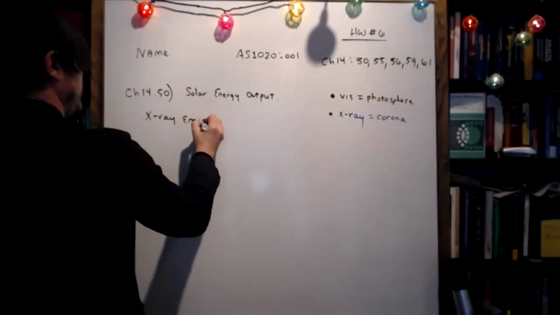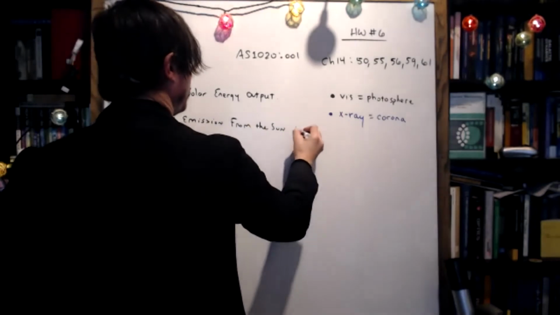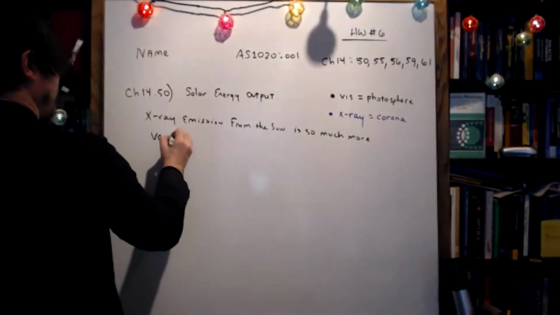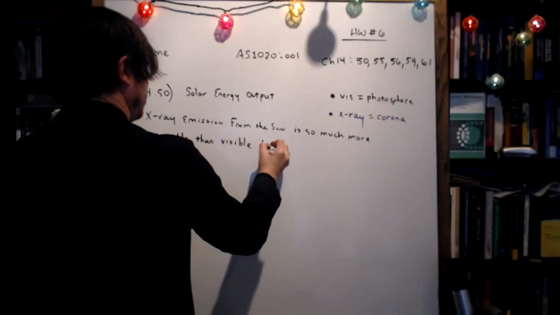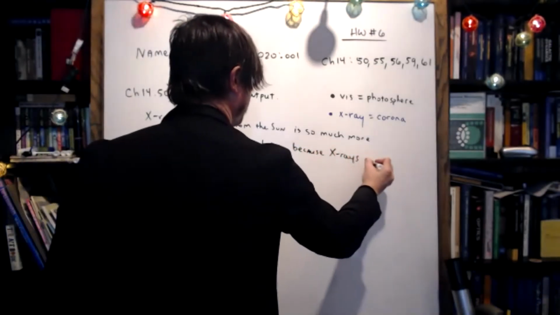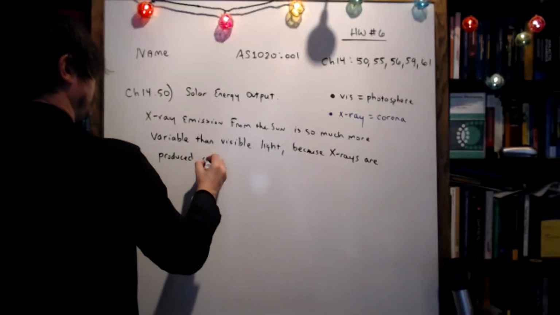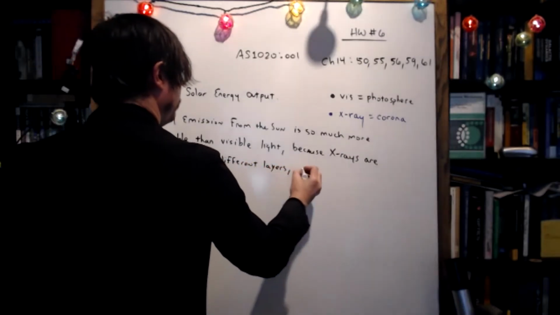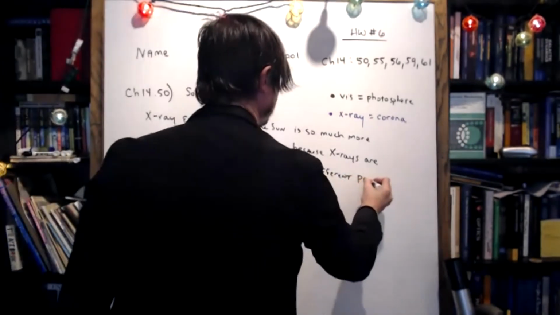X-ray emission from the sun is so much more variable than visible light because X-rays are produced at different layers by different processes.